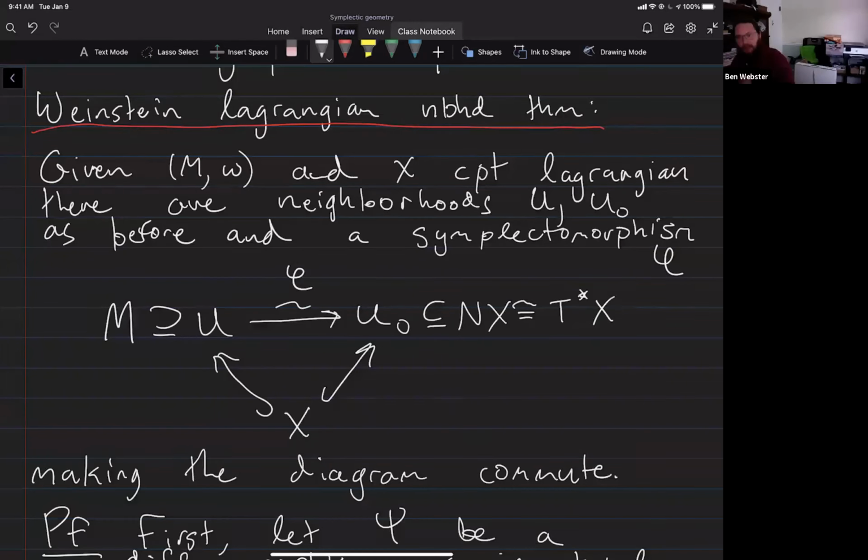So if I'm careful about what I'm doing, I can upgrade this tubular neighborhood theorem to be a symplectic tubular neighborhood theorem. This is another reason that Lagrangian submanifolds are so special. The local behavior around them is completely determined just by the fact that they're Lagrangian.